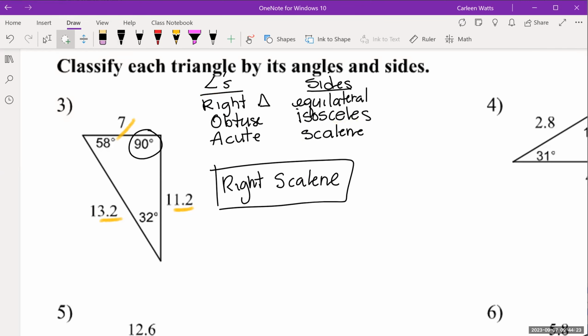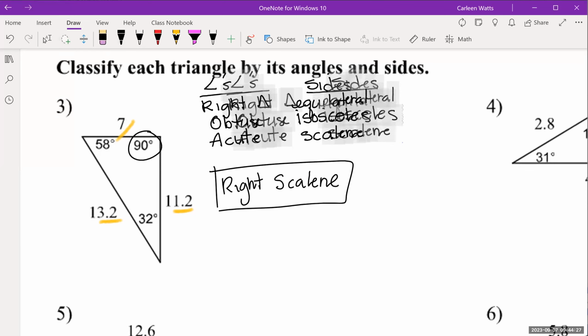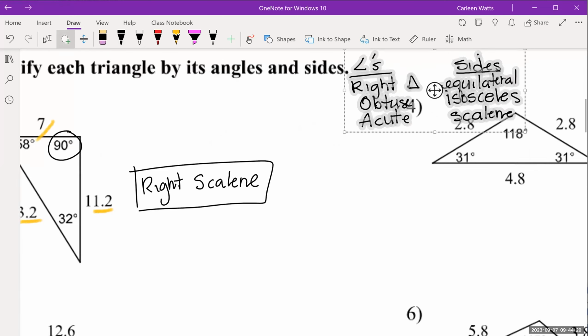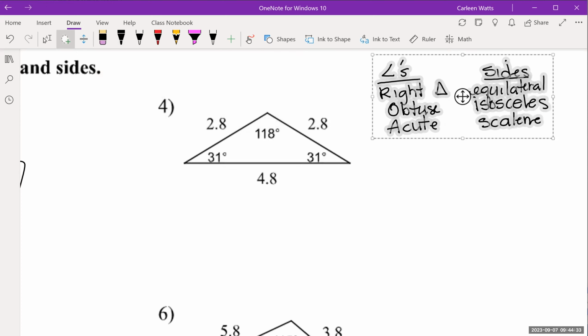Okay, let's move this over here. I'm not going to go through all that again. Okay, team. I need a 2-word name, one with the angles and one with the sides. Take a guess, please. Ding, ding, ding. Very good.